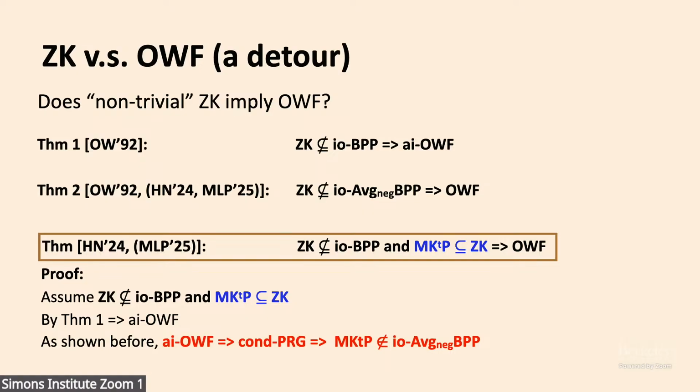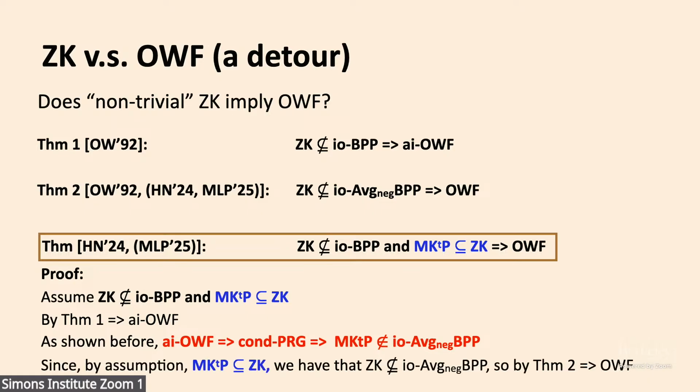Conditional PRGs give you, and remember this was a triviality, average case hardness. Now we have average case hardness of MKTP. But if we have zero knowledge for MKTP, then we have something in zero knowledge that is average case hard. And we're done. Boom. Okay, any questions?